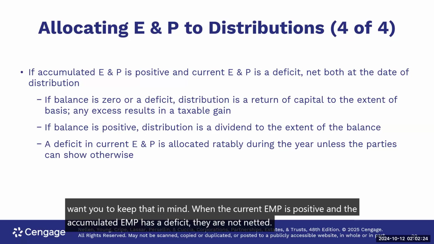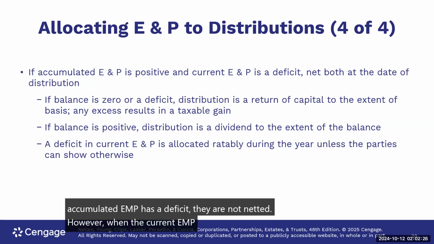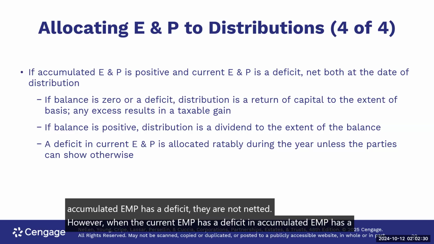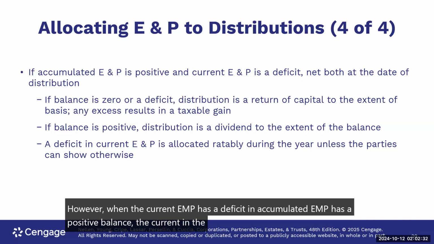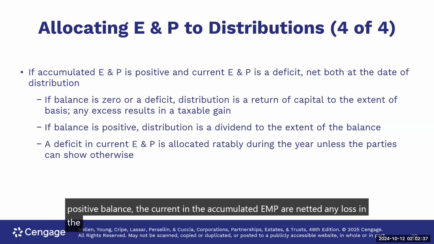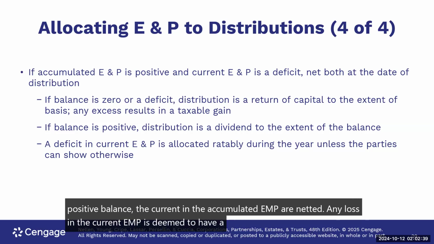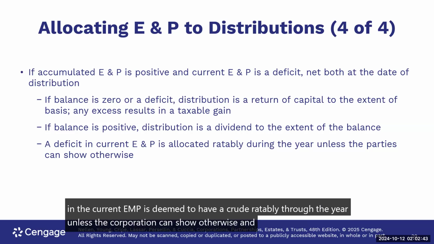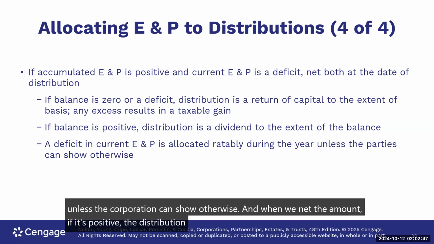However, when the current E&P has a deficit and accumulated E&P has a positive balance, the current and the accumulated E&P are netted. Any loss in the current E&P is deemed to have accrued ratably through the year unless the corporation can show otherwise. And when we net the amount, if it's positive, the distribution is a dividend to the extent of the balance.